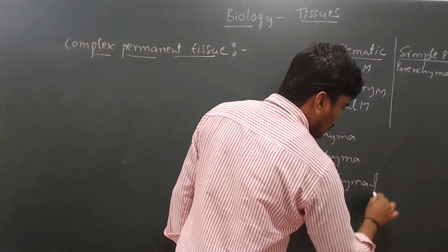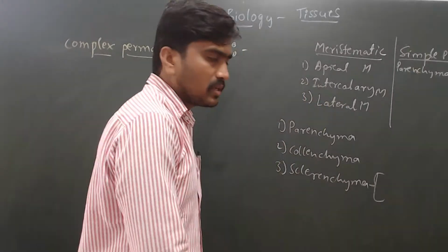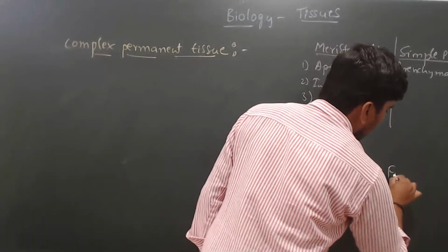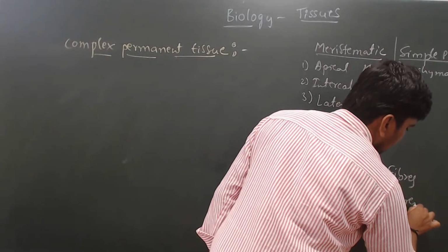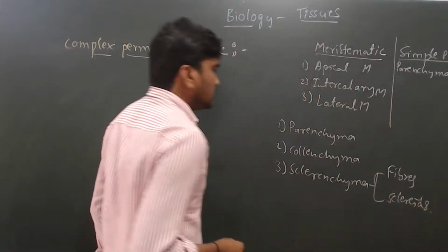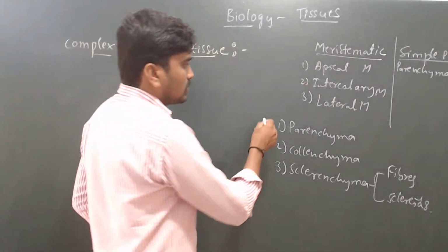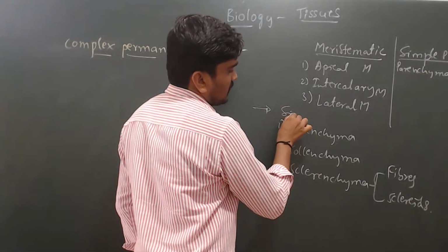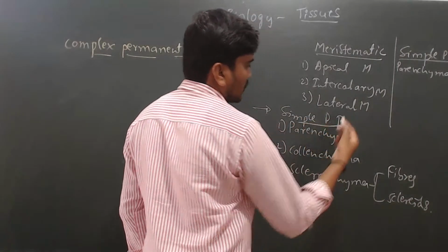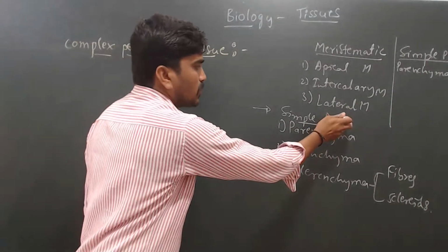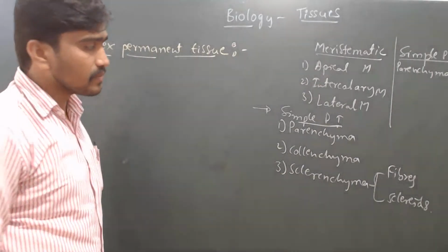Here, sclerenchyma is again of two types: fibers and sclereids. These are the three types of simple permanent tissue.